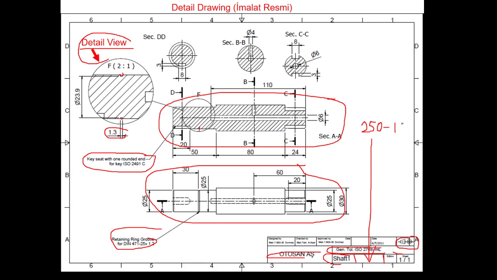Just by looking at the drawing number, you can see that this is the sheet on which we have the views of a component in the structure of the assembly. Product number is 250, and that component is number 1, the first component.